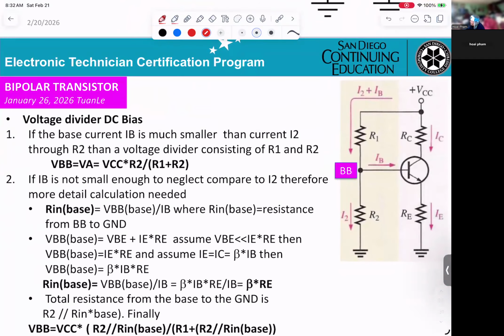Now, the voltage divider DC. If you want to calculate VBB, that means the voltage here, that is VCC times R2 divided by R1 plus R2.